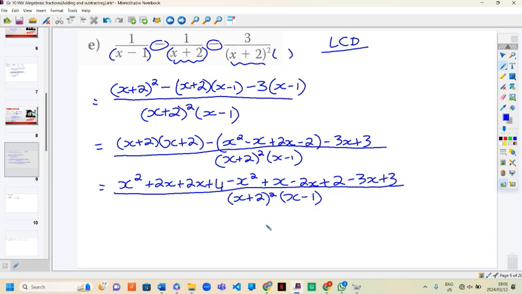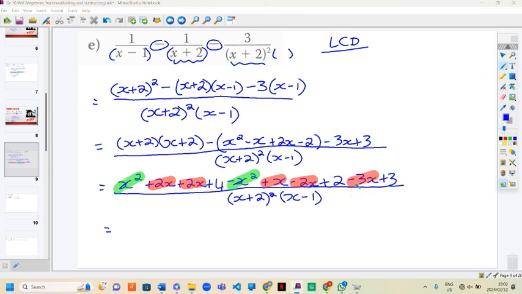Right, so now I just want to add those like terms quickly. Let's see if I can find all those like terms. Let's get my highlighter here. So I've got my x squared and x squared. x squared minus x squared is 0, so they're going to cancel out. Now let's go to my x terms. I've got 2x plus 2x, which is 4x, plus x, which is 5x, minus 2x, which is 3x, minus 3x, which is 0.